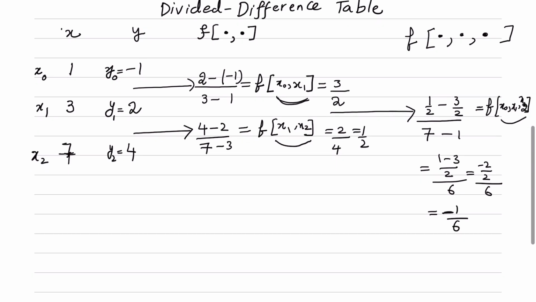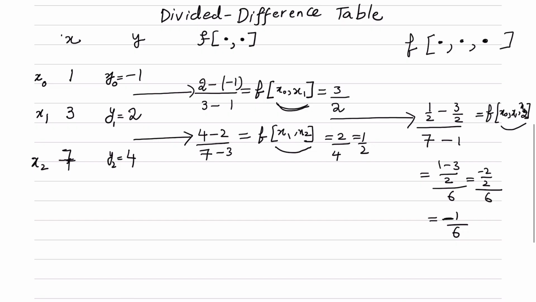So this is how we construct the divided difference table. This table has 4 columns. After x and y, you write f of 2 dots, f of 3 dots. So why does the third column have 2 dots? Because y can be written as f of x, and this f of x could be written as f of square bracket and x.